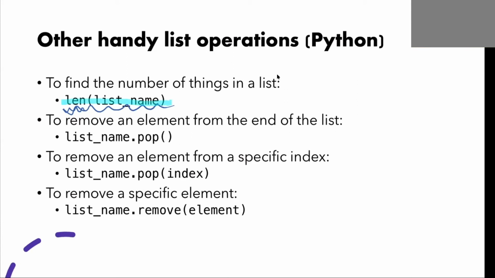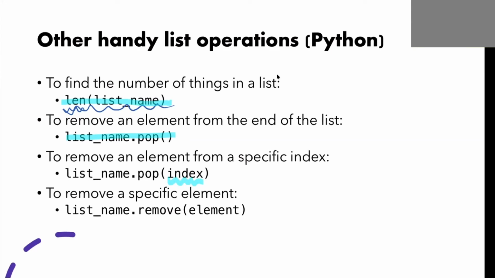To remove an element from the end of the list, you could use .pop. It'll pop it from the end of the list. If you don't want to pop it from the end of the list, you have to include an index number. If you don't include an index number, it'll automatically assume that you want the last thing removed.